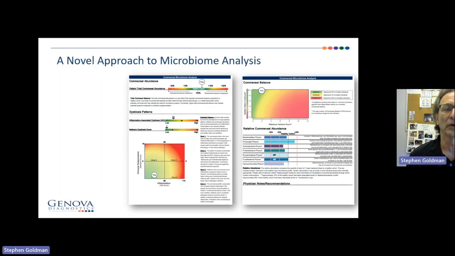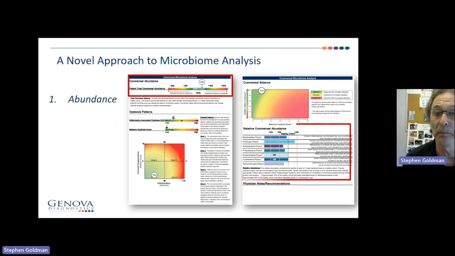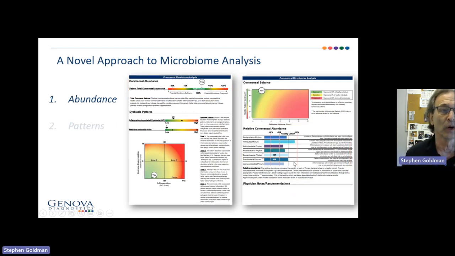And when I speak to those patterns, these are pages 2 and 3, and they're really all about patterns. So the pattern of commensal abundance, both total abundance versus each individual phylum, comparing your patient to the healthy cohort in both instances. And we'll look at that some more.